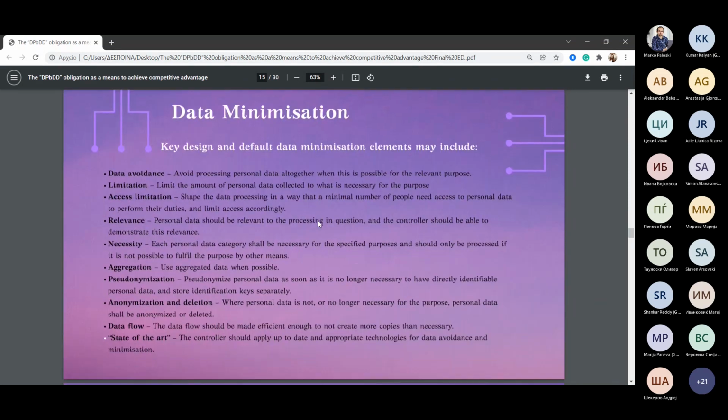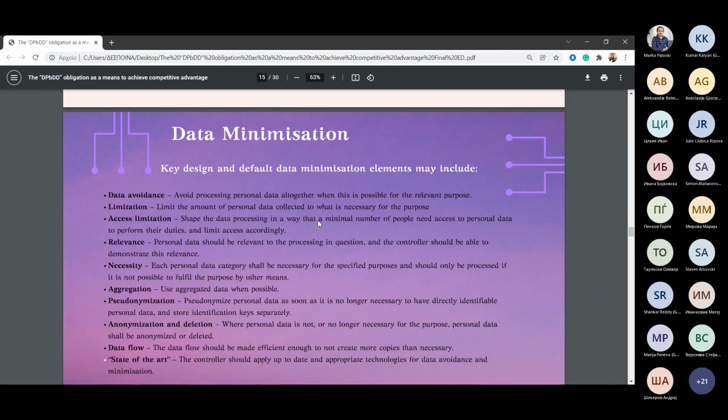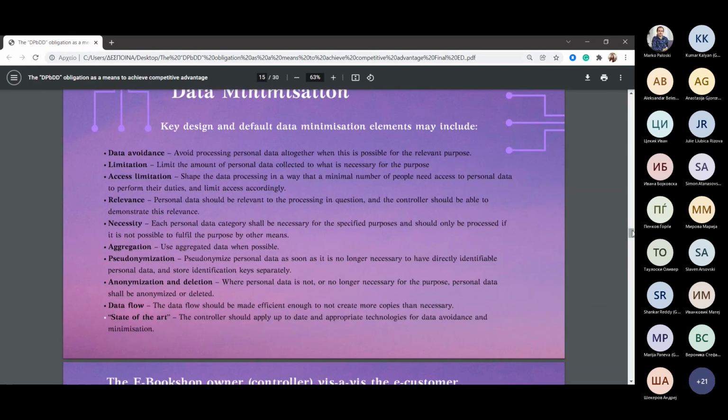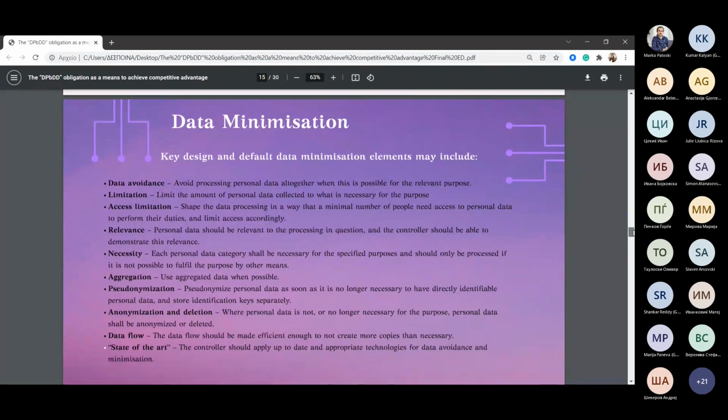Also, we have the guiding principle of data minimization. Let's move here. So there are also, in this case, some key design and default elements that might be included. This is data avoidance.